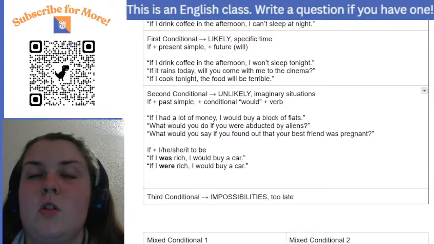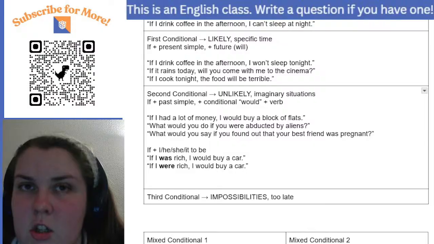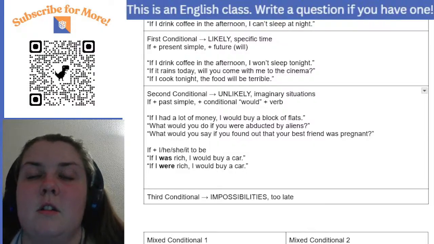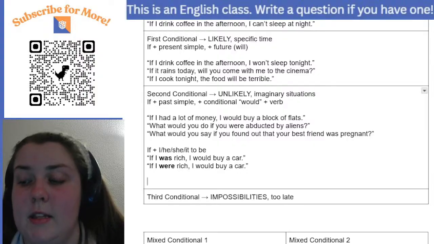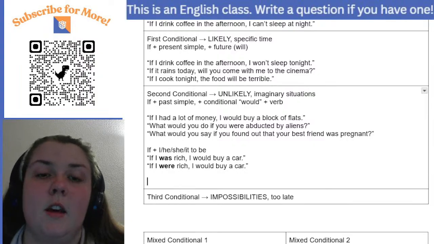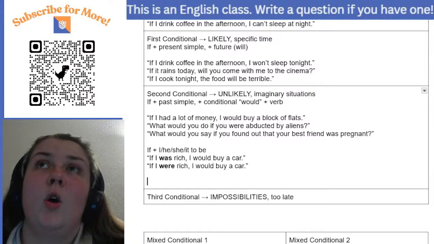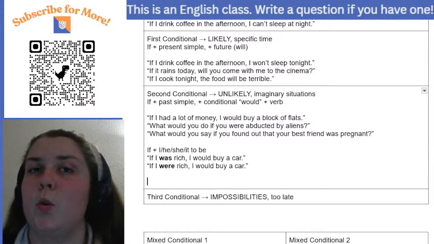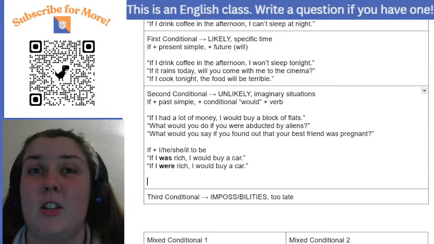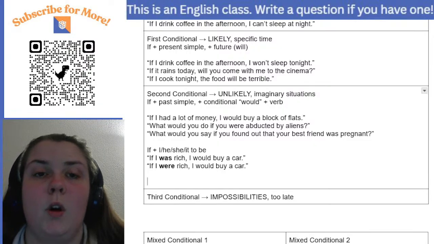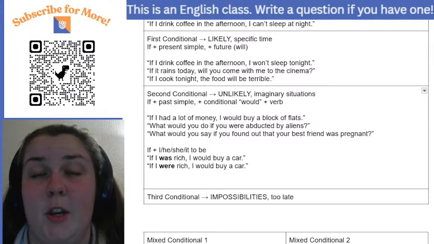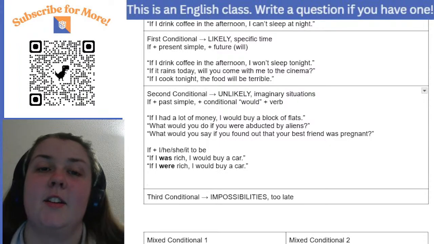But you can also use the second conditional to describe those hypotheticals. So you could say, for example, I might go to the cinema, but at the same time, you could also say something like, if I had the chance, I would go to the cinema. And that makes you sound really cool, especially if you are the kind of person who is doing an English exam and you want to show your variety and accuracy.